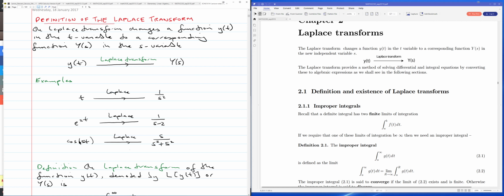And for example, cosine of 5t: if I take the Laplace transform of cosine of 5t, what I'm going to get is s on s squared plus 5 squared, in other words, s on s squared plus 25. So this is an example of taking the Laplace transform of some basic functions.